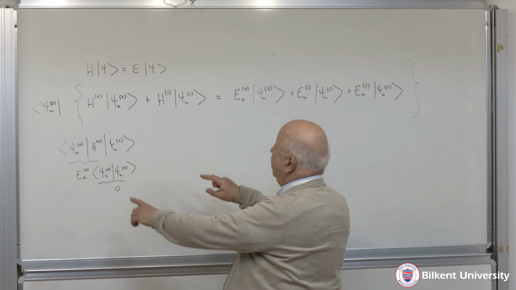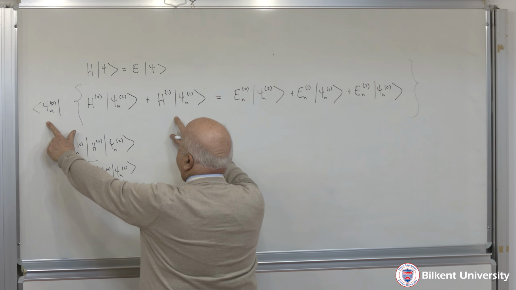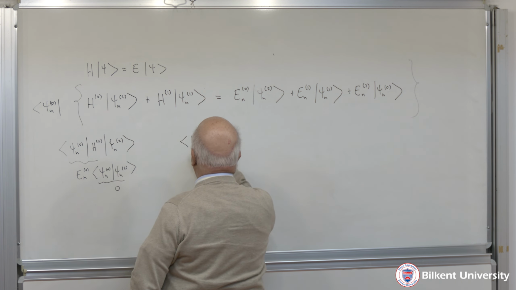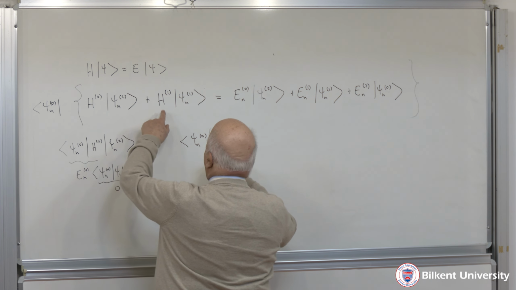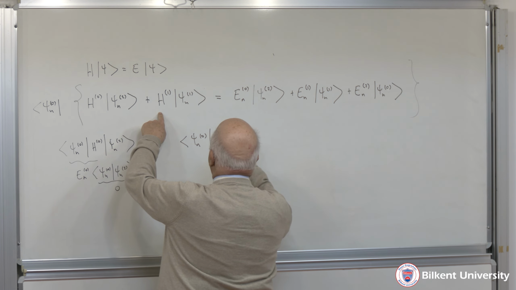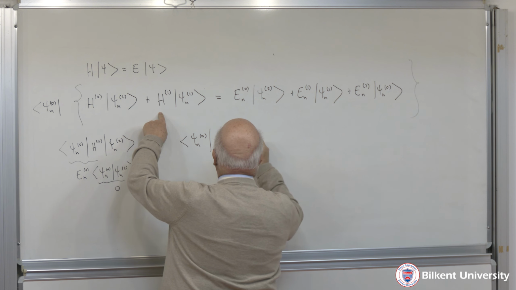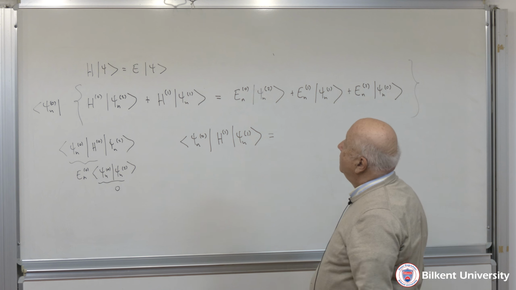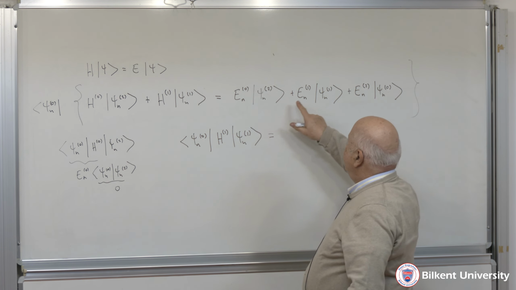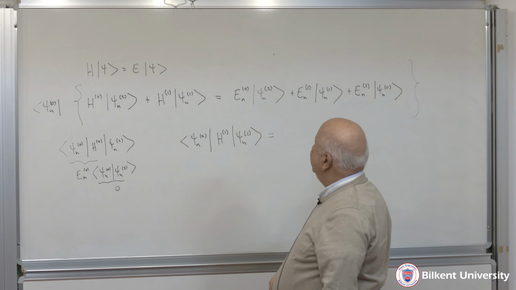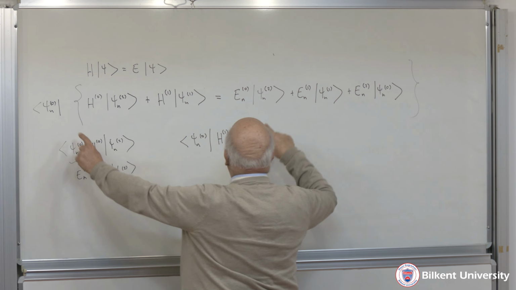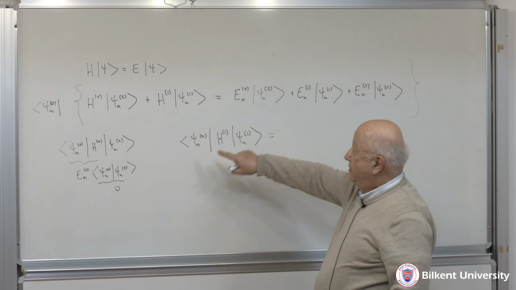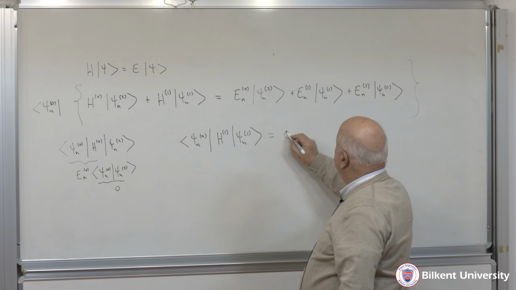Now then I have this one, which survives: psi n0, h1, psi n1, is equal to, okay, these ENs are just constants. So what is psi n0, psi n2? 0, right? It's already over here. So the first term is 0.